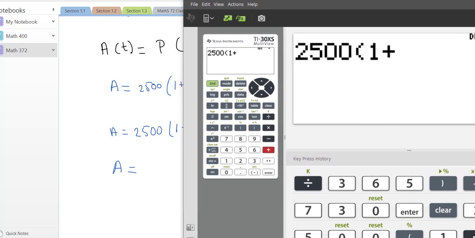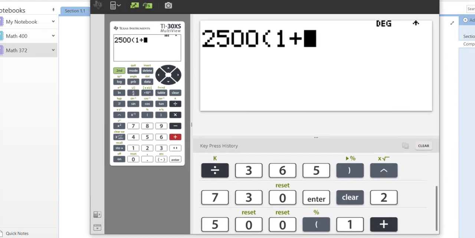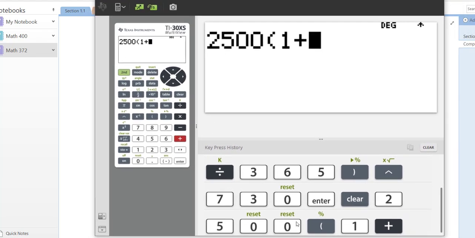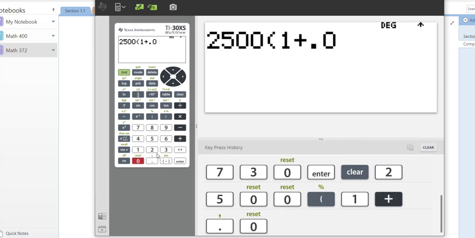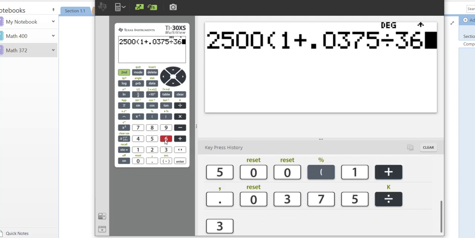Let's see if I can move this so we can still see the problem. No, I can't, because then I can't see my keys. But we're going to say 0.0375 divided by 365.